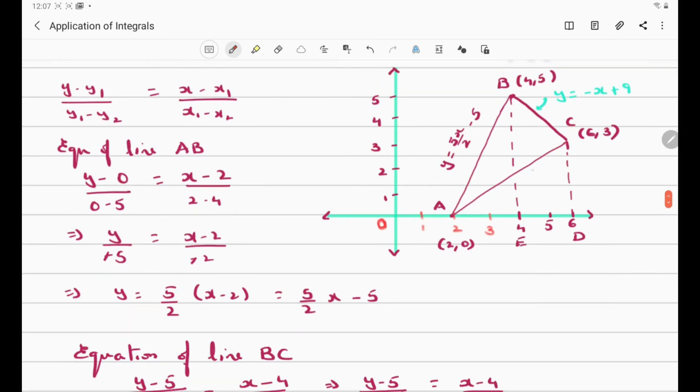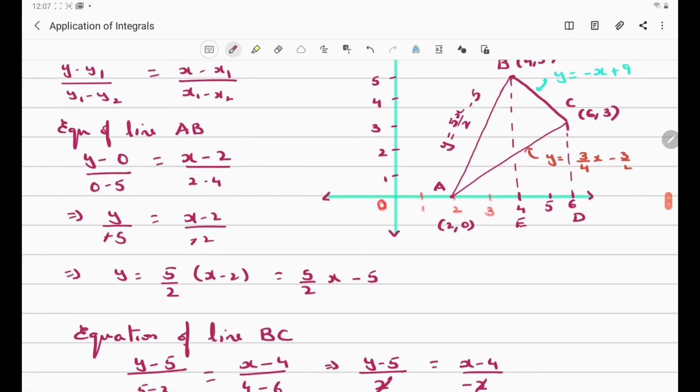So we got the equation of the line AC as y = 3/4 x - 3/2. So we obtained the equations of the lines AB, BC and AC.